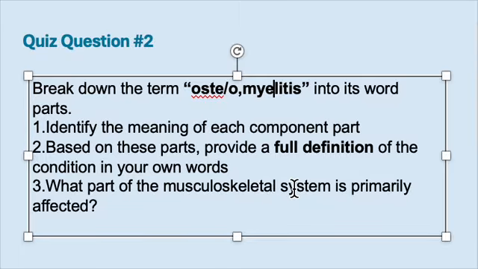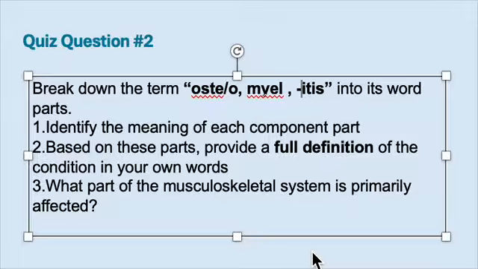If we look here, we can see myel. This is a root that means marrow. So marrow referring to the soft and fatty tissue that's found inside of bones. And finally, that leaves us with the suffix itis, which we've seen many times, which means inflammation.